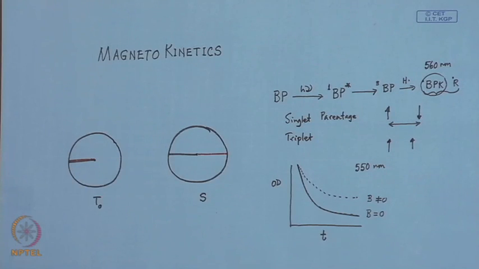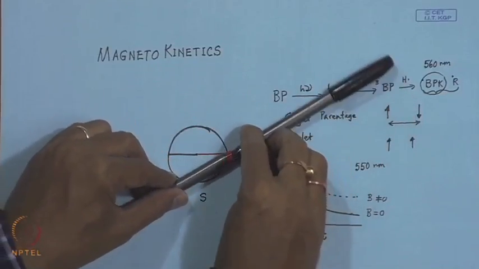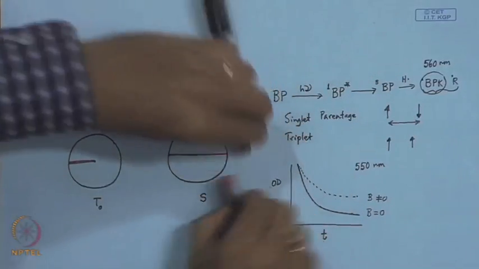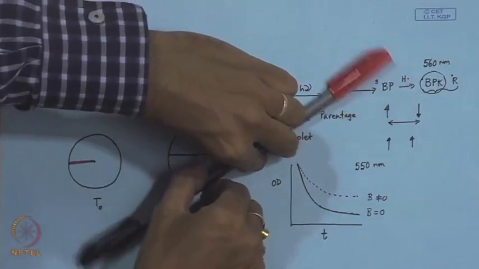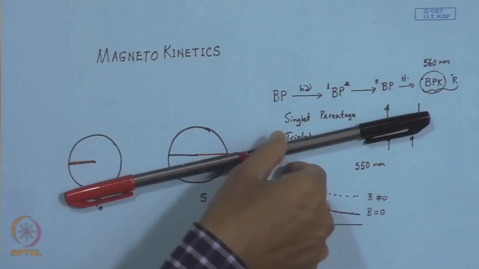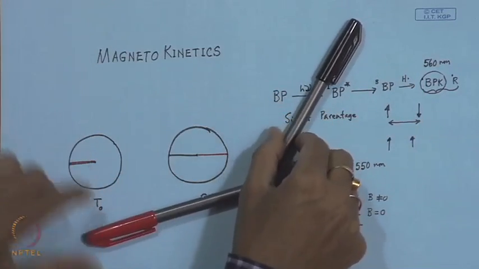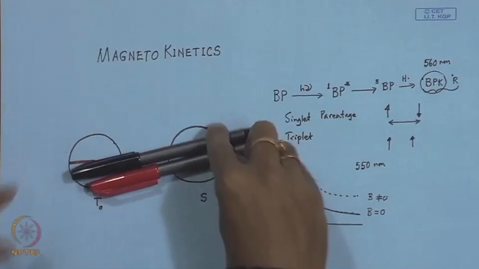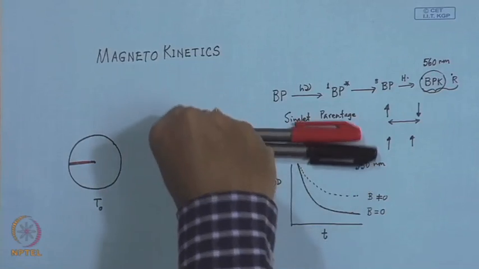If they maintain a constant phase difference, then what is going to happen is, like say this one, they will do like this. For this one they will do like this, if they maintain a constant phase difference like this. And in the other case, for this one they will do like this.